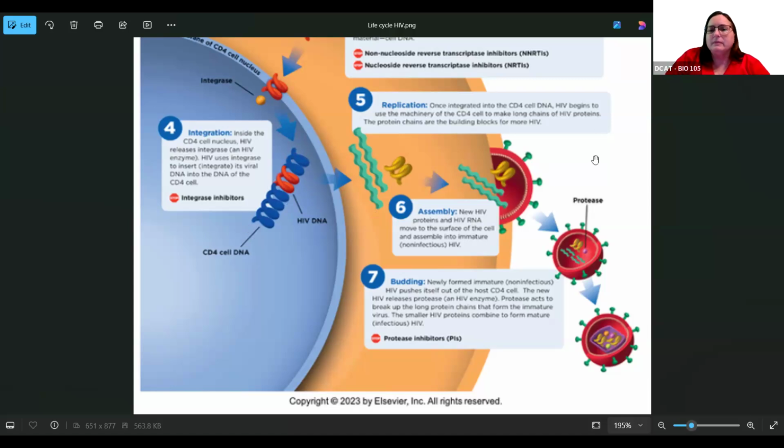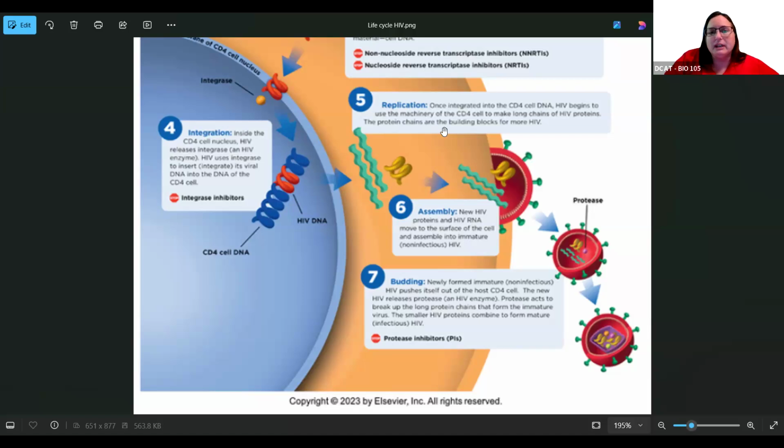The HIV begins to use the machinery of the CD4 cell to make long chains of HIV proteins. So remember, since the HIV has integrated itself into our DNA, every time the CD4 cell replicates its DNA, it's also replicating the HIV DNA.